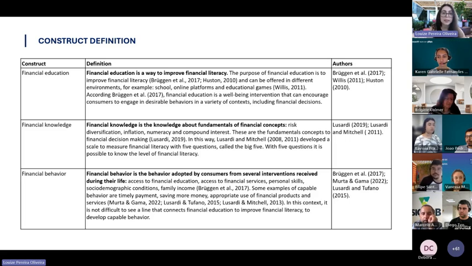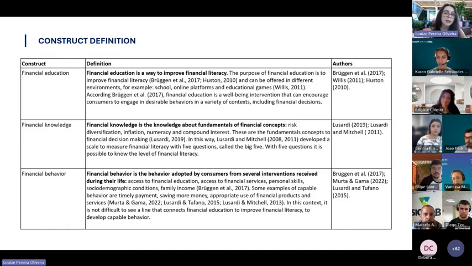Financial education is a way to improve financial knowledge or financial literacy. It's not the only way. We have other variables to improve financial knowledge, but financial education is one of them. And we have financial knowledge, which is the knowledge about fundamentals and financial concepts. So how you know about risk, diversification, inflation, and other fundamental concepts.